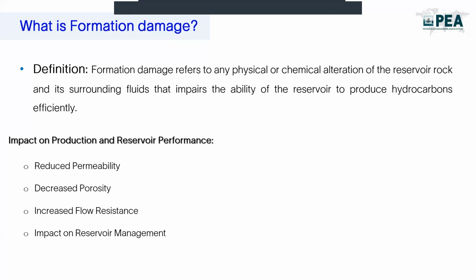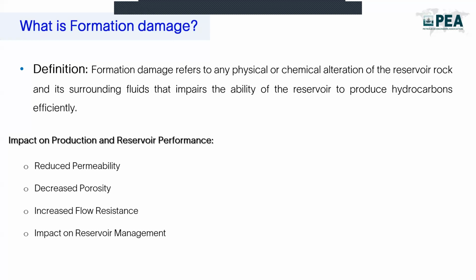Another thing is decreasing porosity. The damage of the formation can also affect the rock's porosity, which is the measurement of the void spaces. So we're talking about the volumes of our hydrocarbons being reduced.